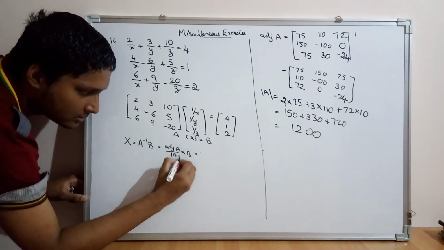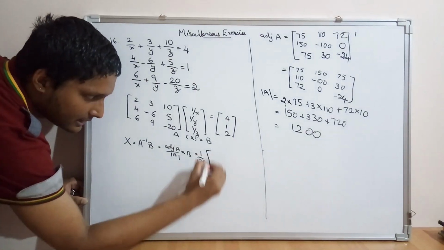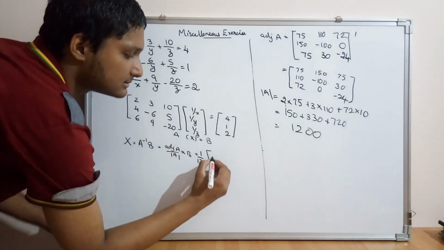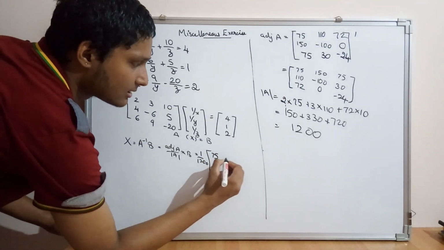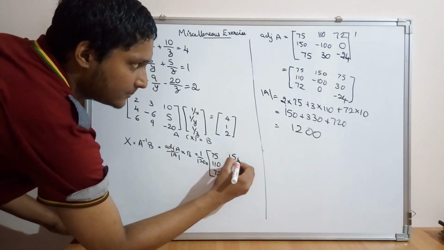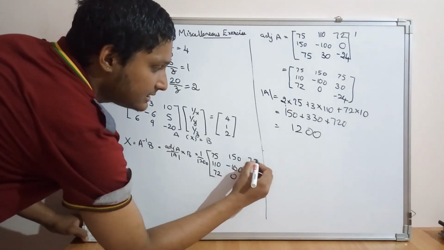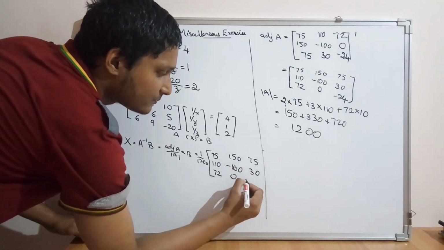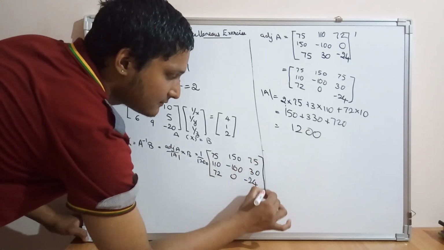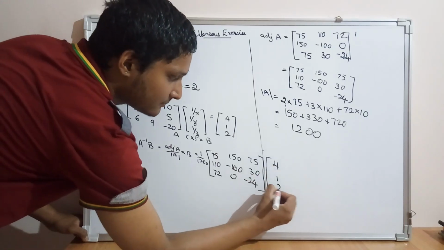Therefore, 1 by 1200 into the big matrix: 75, 110, 72, 150, minus 100, 0, 75, 30, minus 24. This is the first one, and this is 4, 1, 2.